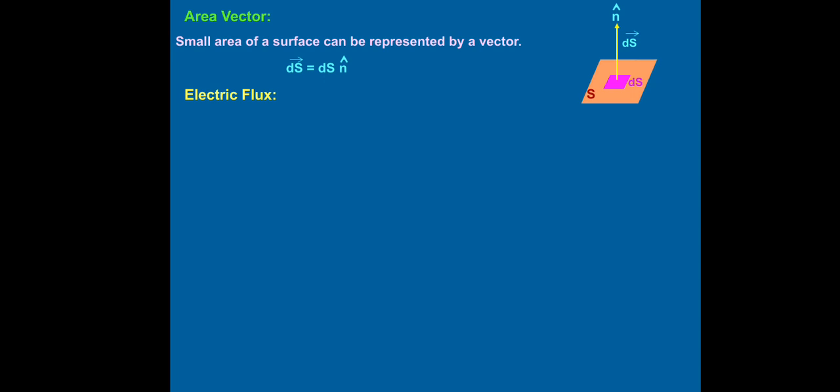But suppose we consider any surface around the point charge, then what will be the number of electric field lines passing through that surface? An idea was given by scientists that the measure of electric field lines passing perpendicular to any surface area is termed electric flux.